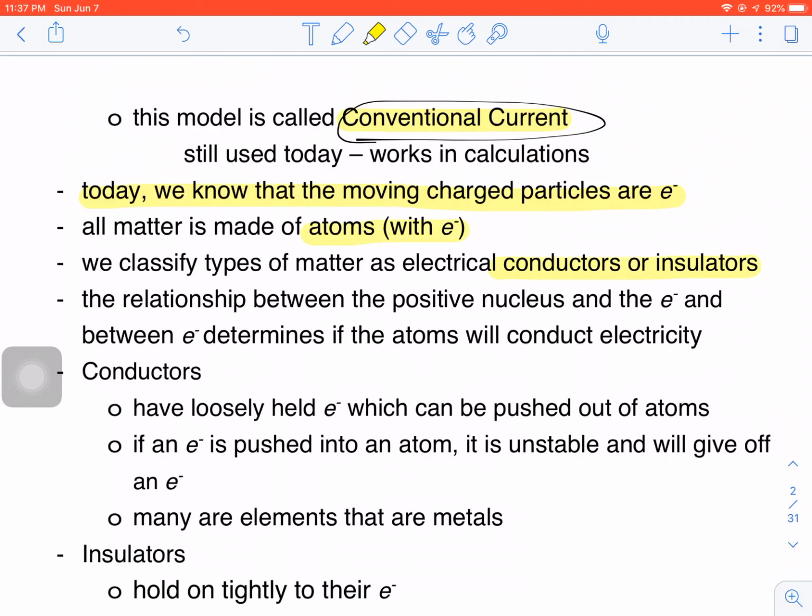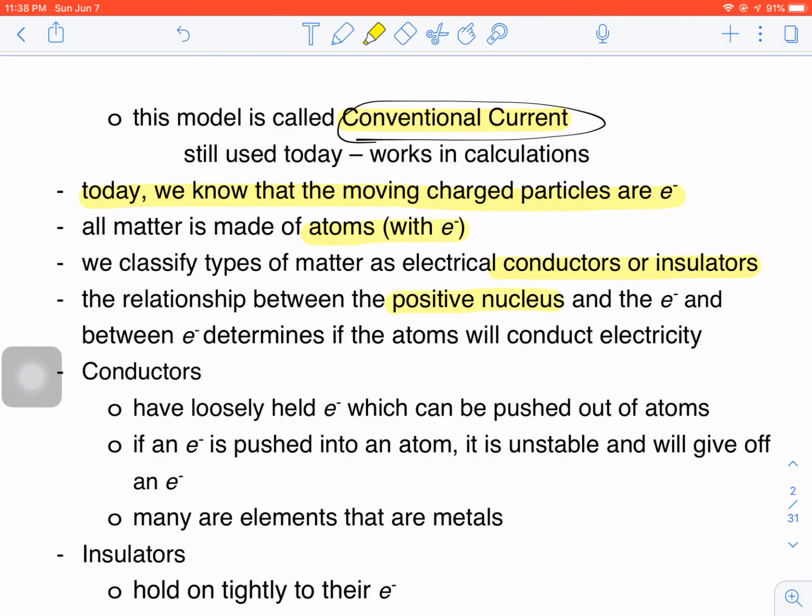Those that hold on to their electrons tightly are insulators, and those that allow electrons to flow through them are conductors. Now, what decides whether something will be a conductor or an insulator to some degree depends on the nucleus. Right?